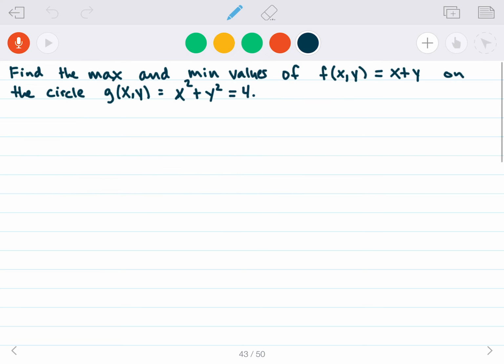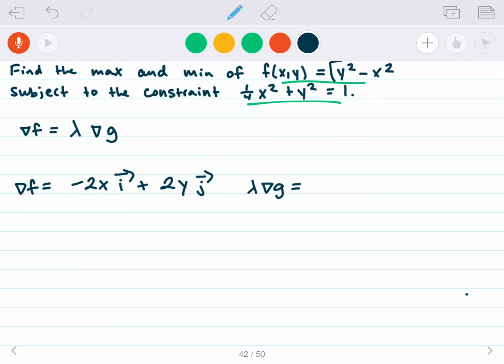Well, the gradient of g, first of all, this is a level curve. So let's find the actual function for g by saying, okay, this is one z value. That's one level curve. So the actual constraint function is g of xy equals a fourth x squared plus y squared. And we want to take the partial derivative of this.